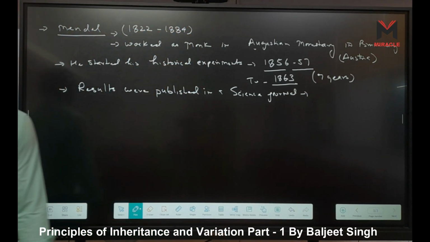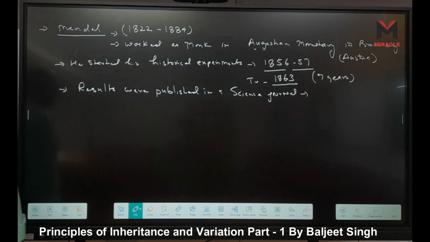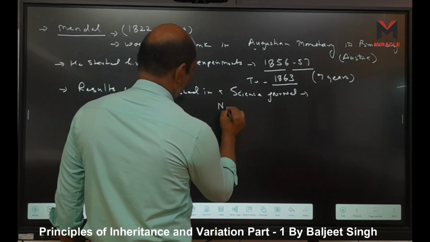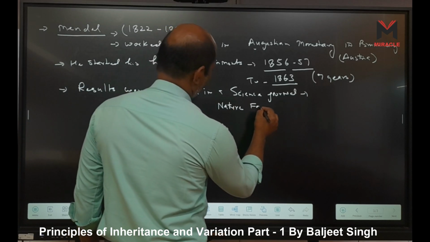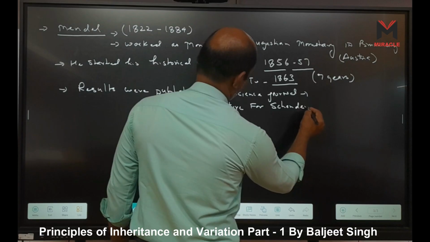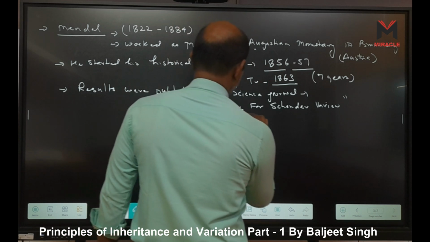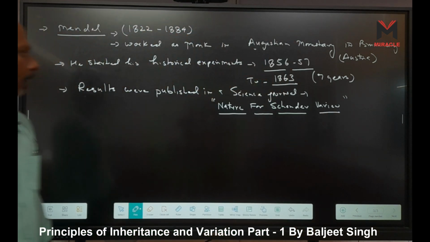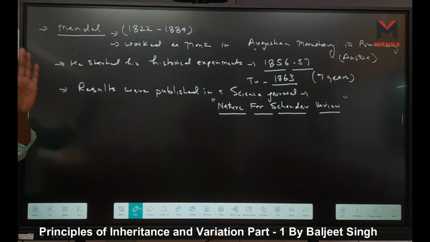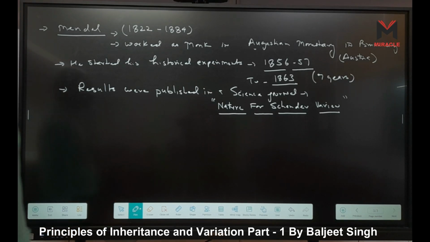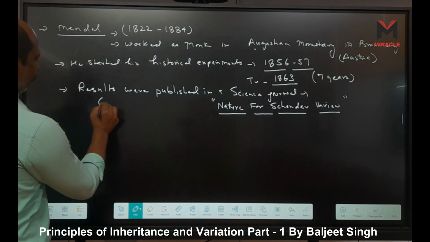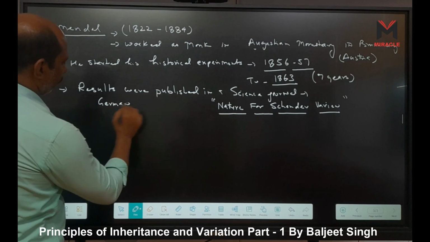What is the name of this journal? It is Naturforschender Verein, the name of the science journal in which his results were first published in Brunn city. This journal was not in English, it was in the German language.